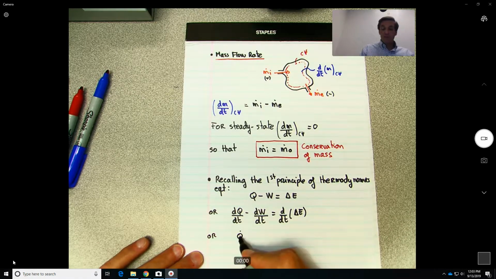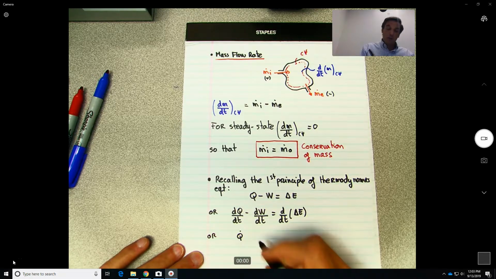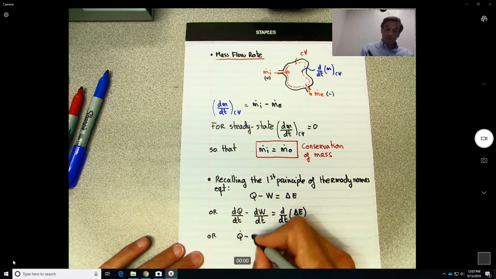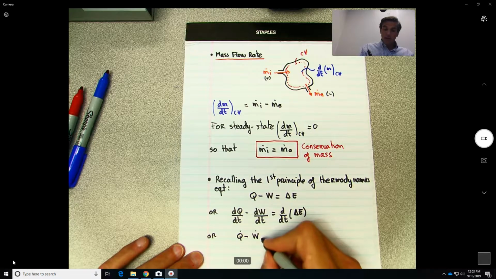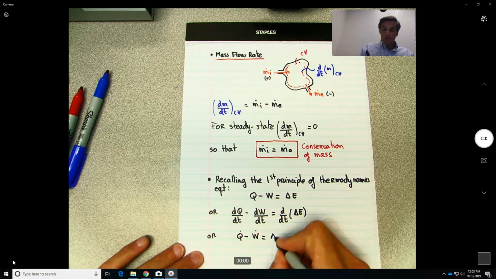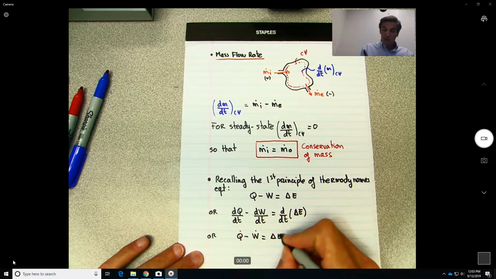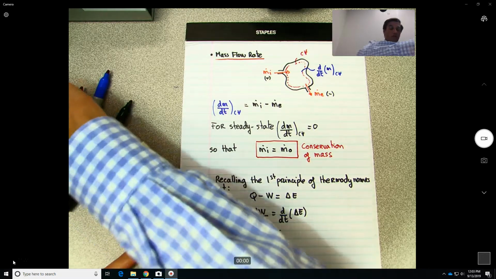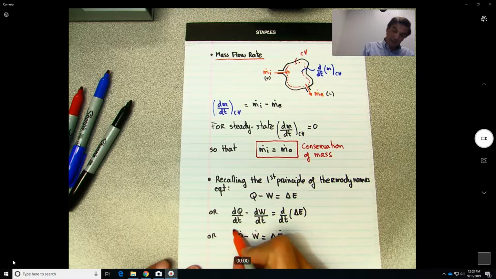So this is heat transfer, the amount of heat per unit time. Work per unit time is power. And this will be the rate of energy change. I just put the dot over here. All right.